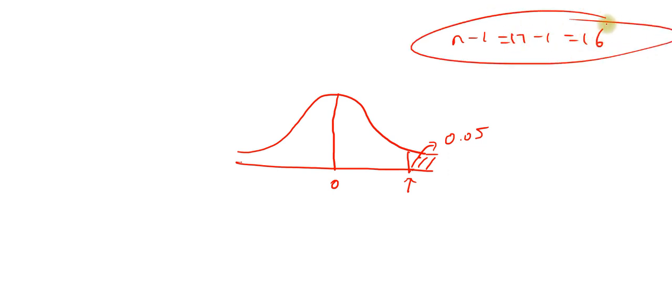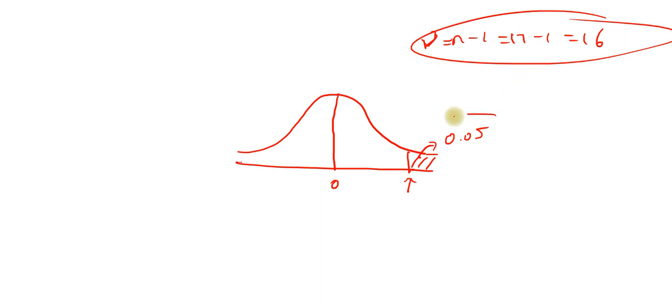Given it is a one-tail test, the whole area here is on the right and not on the left, and it is 0.05. So you want to find this value. Of course, we have a degree of freedom, which is n minus 1, which is 17 minus 1, which is 16. So the degree of freedom is equal to 16.